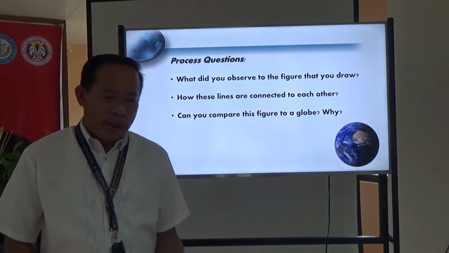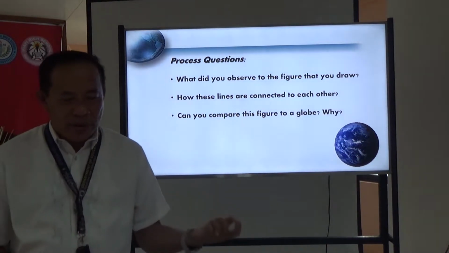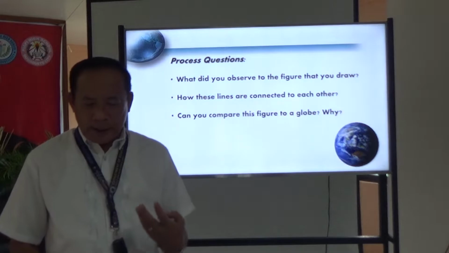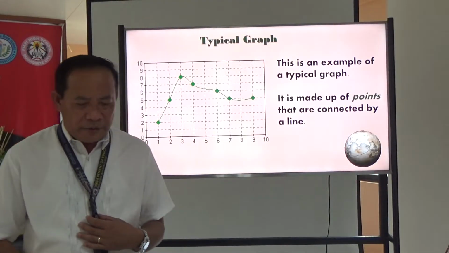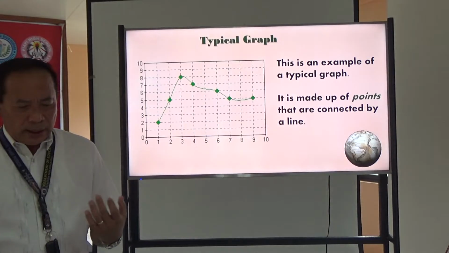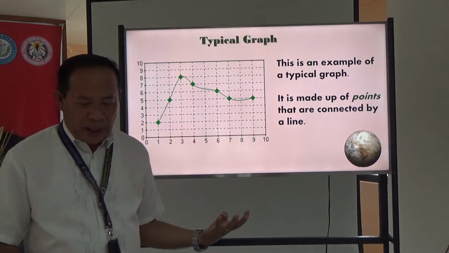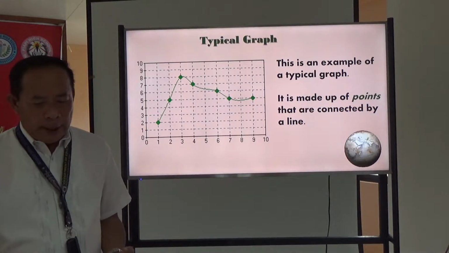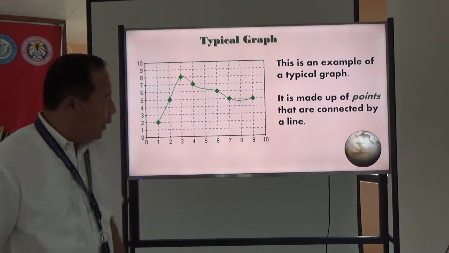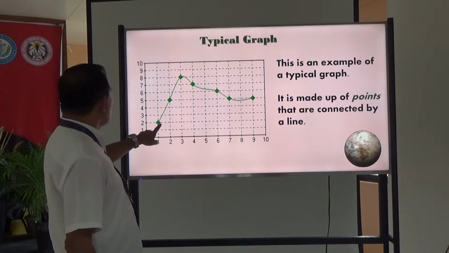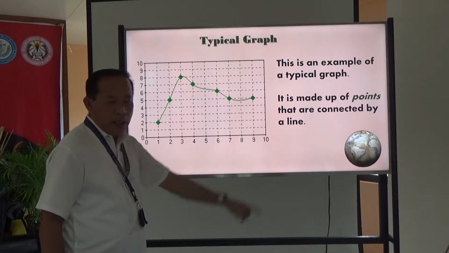Before we identify and follow the lines that you've drawn on the paper, let's discuss important points. First, a typical graph, as you can see here, is an example of what a typical graph is all about. It is made up of points that are connected by a line. You can see here, these are points, and these are the lines that connect each other.